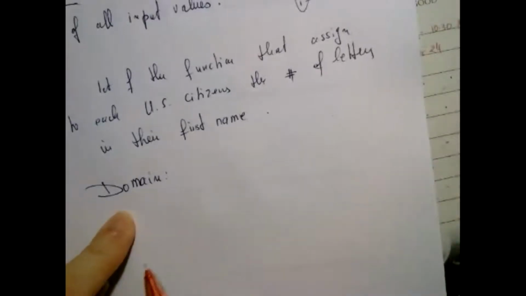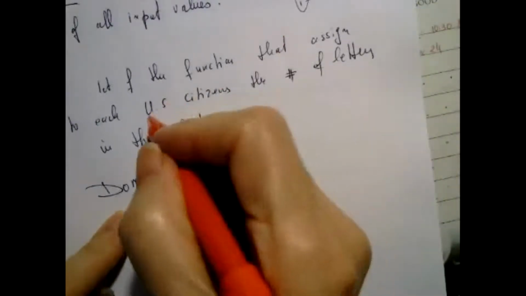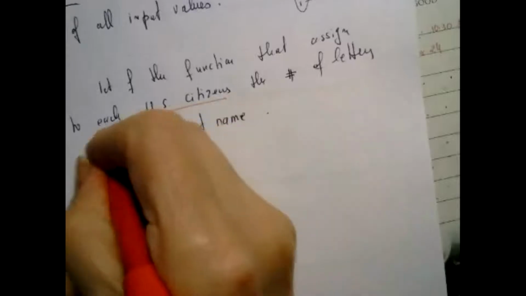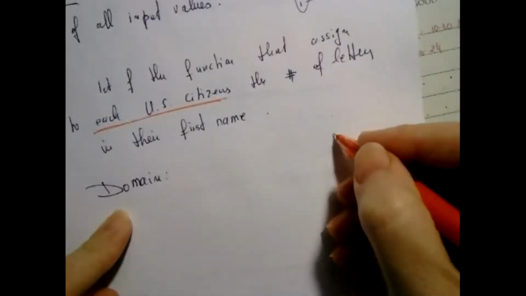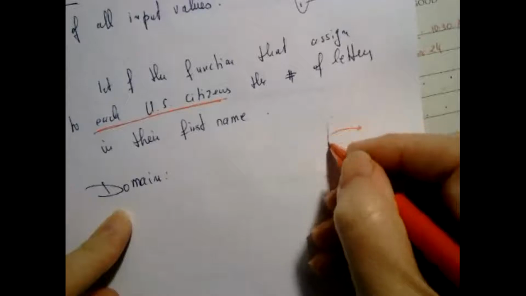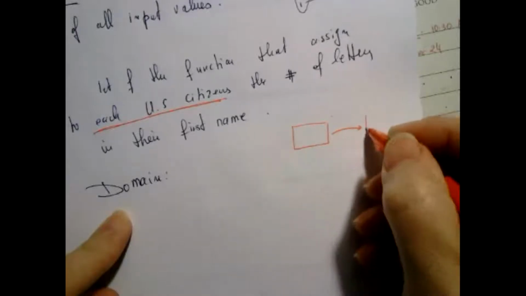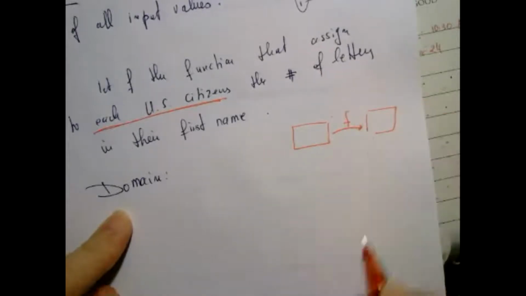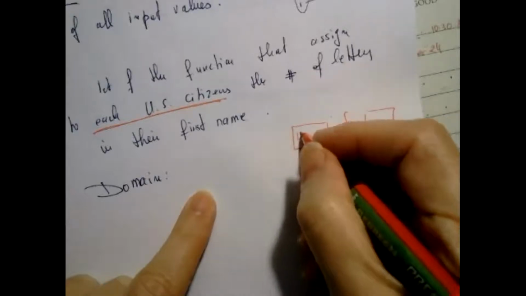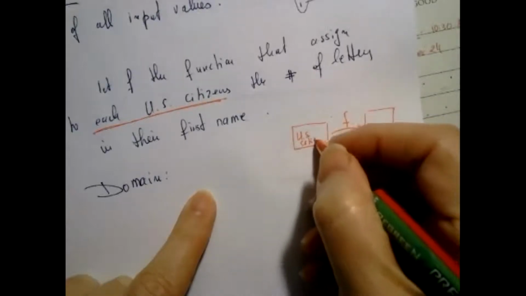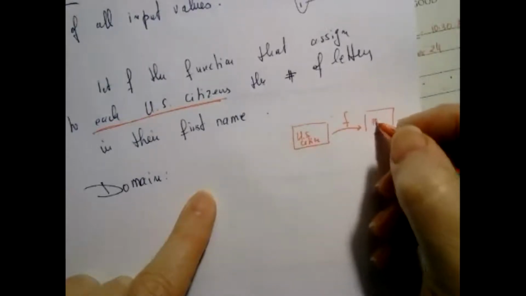F assigns to each US citizen the number of letters. So if I'm thinking about the rule, what are the input and what are the output? The US citizens are the input, and the output is the number of letters.